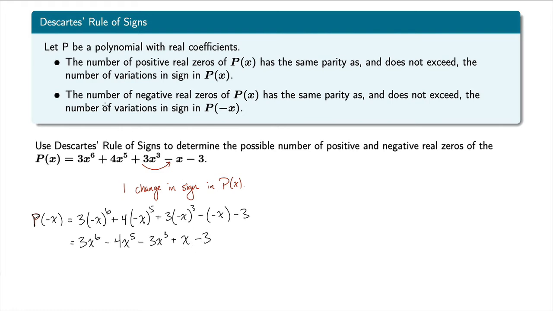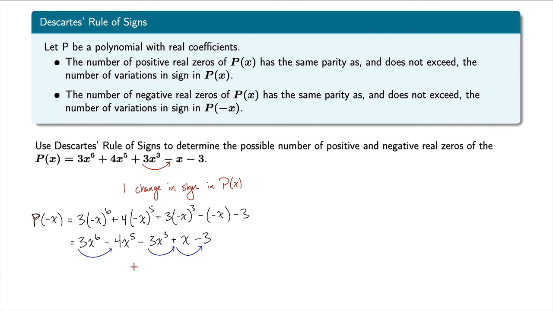So to know the number of negative real zeros, we look at the variations in sign. From a positive 3 to a negative 4, that is one change. From negative 4 to negative 3, that doesn't change signs. From negative 3 to positive 1, that's a change. And from positive 1 to negative 3, that's a change.